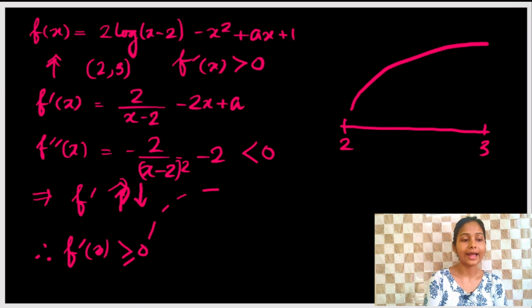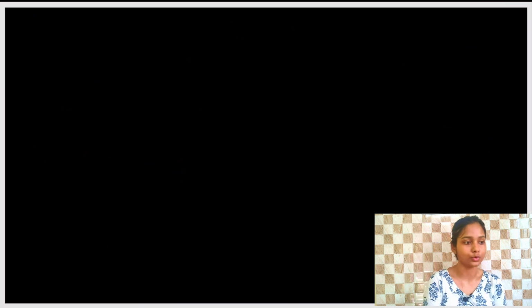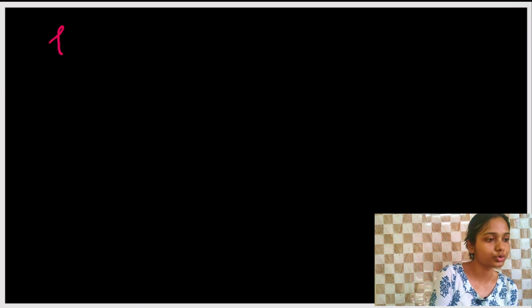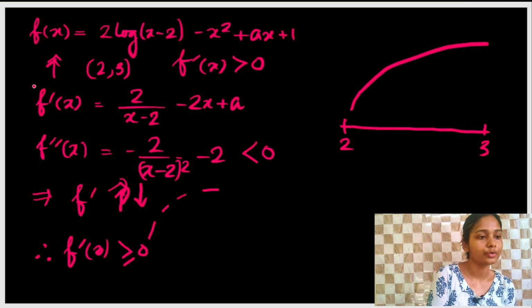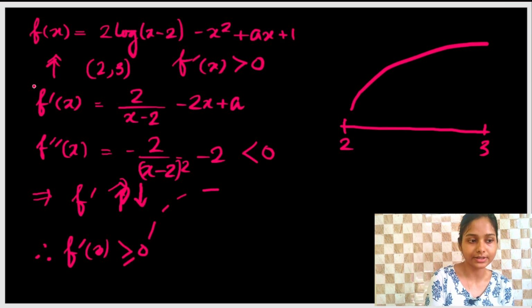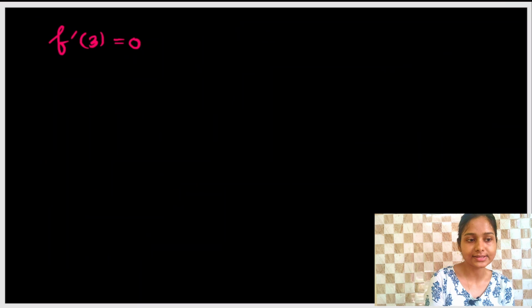So at 3, the derivative can be positive or it can be 0. So first let us see what happens when f dash of 3 is 0. So for f dash of 3 equals 0, we have this derivative function. If we put 3 here, it will give 2 by 1 minus 6 plus a.